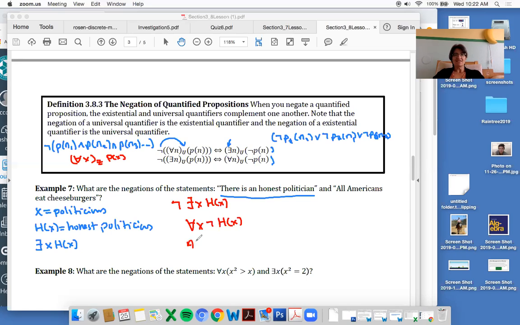All politicians are what? Are not honest. Okay, so you can say there is no honest politician, or, as a direct translation, all politicians are dishonest. So you can see how negation changes an existential to a universal of the negation. Any questions with that one?